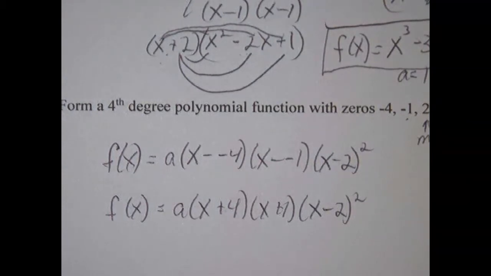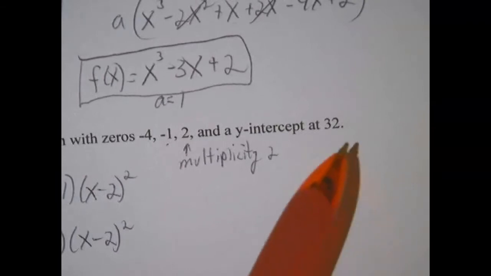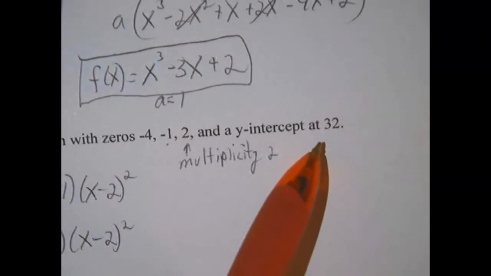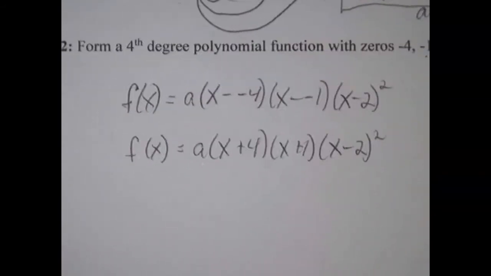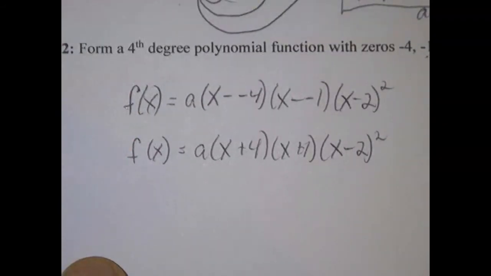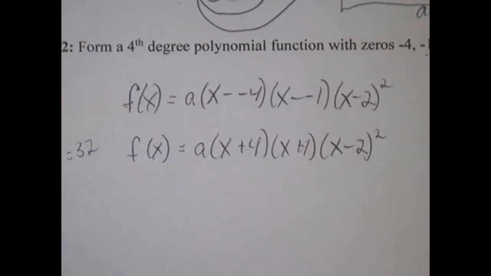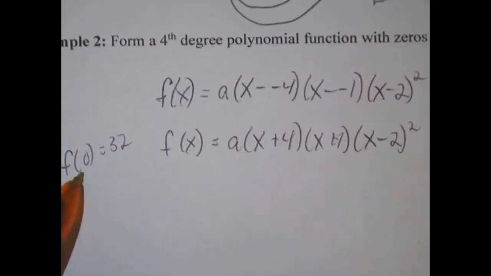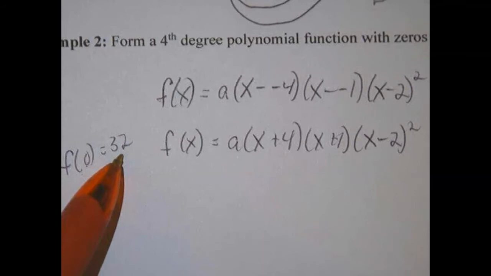But now we also know that the y-intercept is 32. In other words, f of 0 is 32. Meaning that if I replace all of my x's with 0, my f of x should be 32.